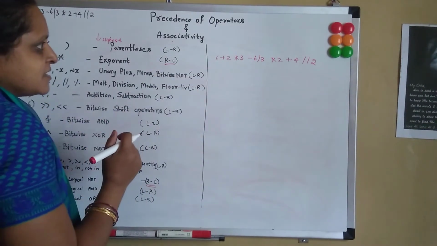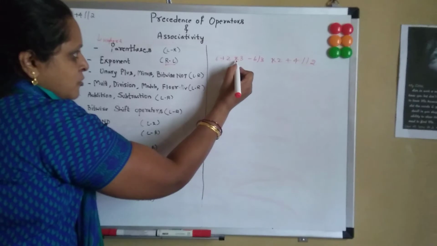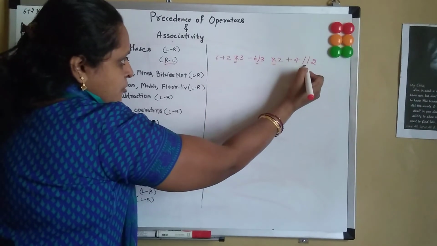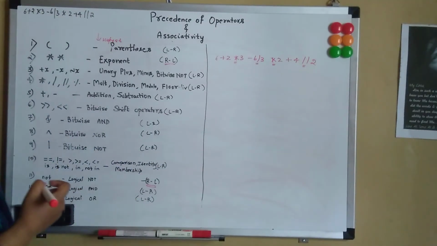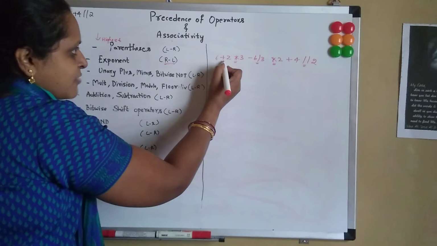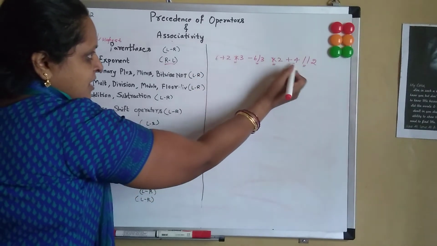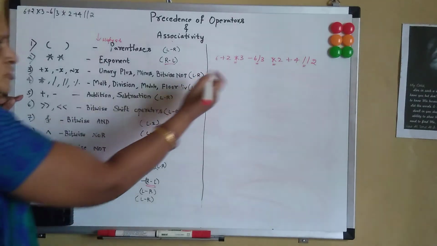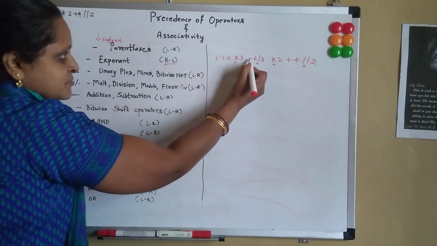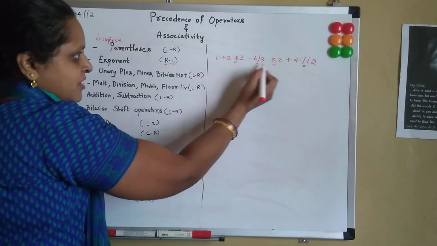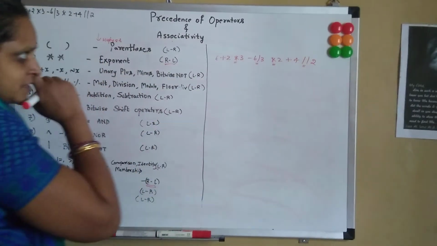When we see the symbols, we find that into, divide, into, floor division all are at the same level, which is the fourth level. And then we have plus and minus and again a plus, which is at the fifth level. So we shouldn't solve anything having plus or minus initially. We have to solve into, divide, into and floor division first.